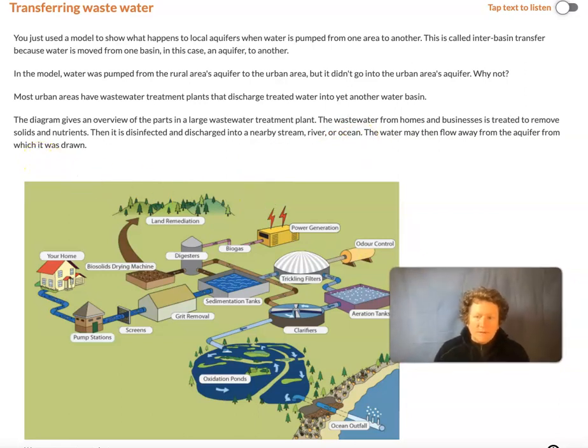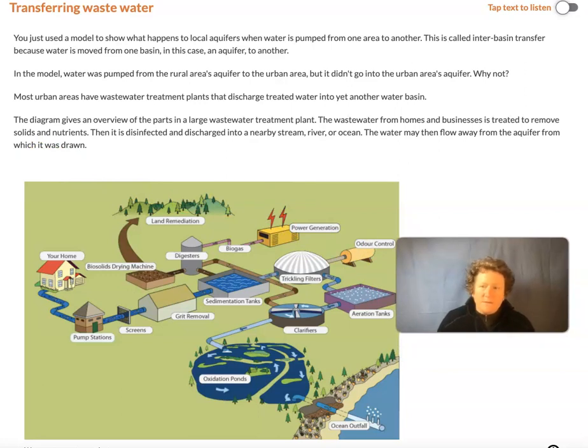So wastewater is all the things that run down the pipes in your house. So water that goes out of your sink in your bathroom and your kitchen. Water that goes down the drain in the shower. Anything that you flush. Your laundry water. All that is wastewater. And it goes into a series of sedimentation and digestion.